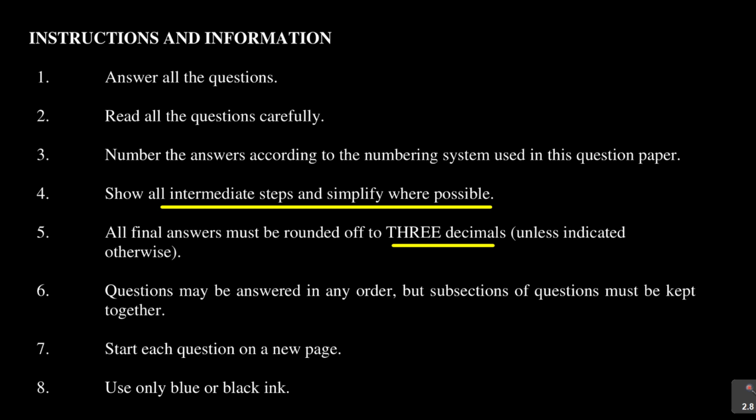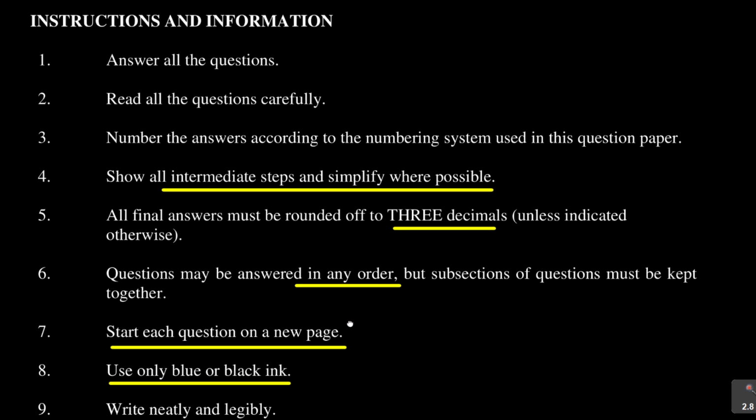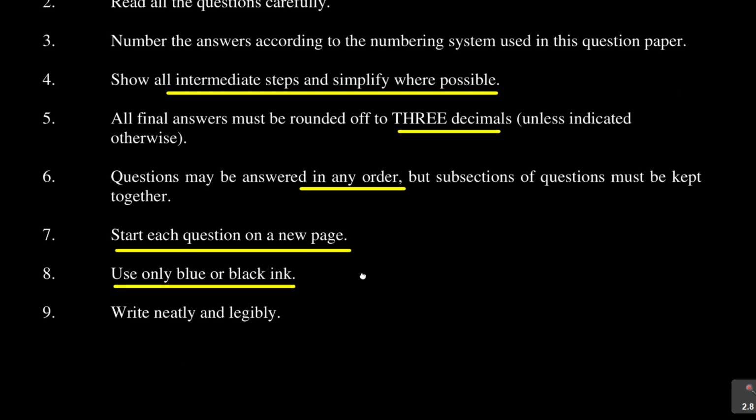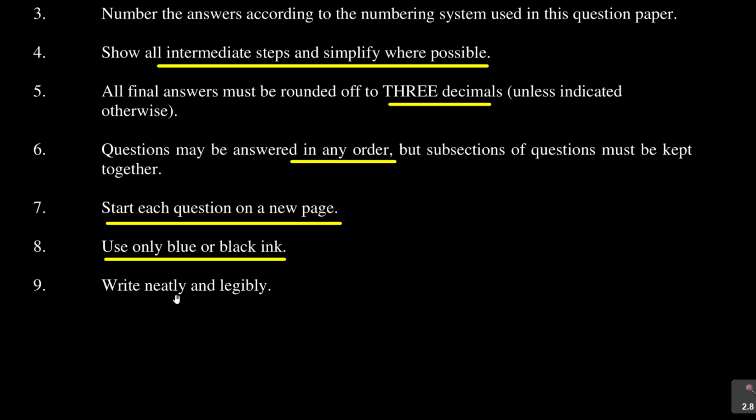Questions may be answered in any order, so just answer them in any order. You need to start each question on a new page. Use only blue or black ink. Please avoid using highlighters, avoid using Tipex. Just the blue and the black pen is important. And you need to be neat with your work and make sure it's legible, in other words, clear.